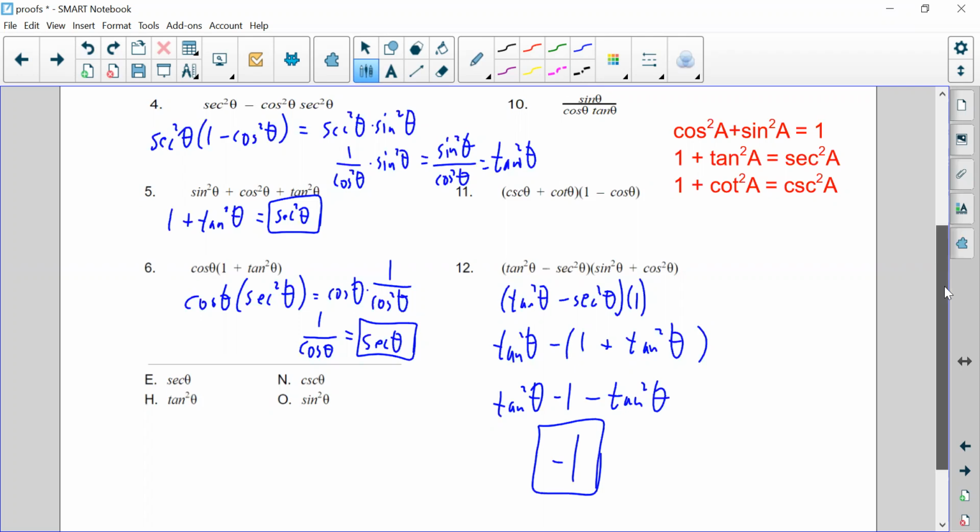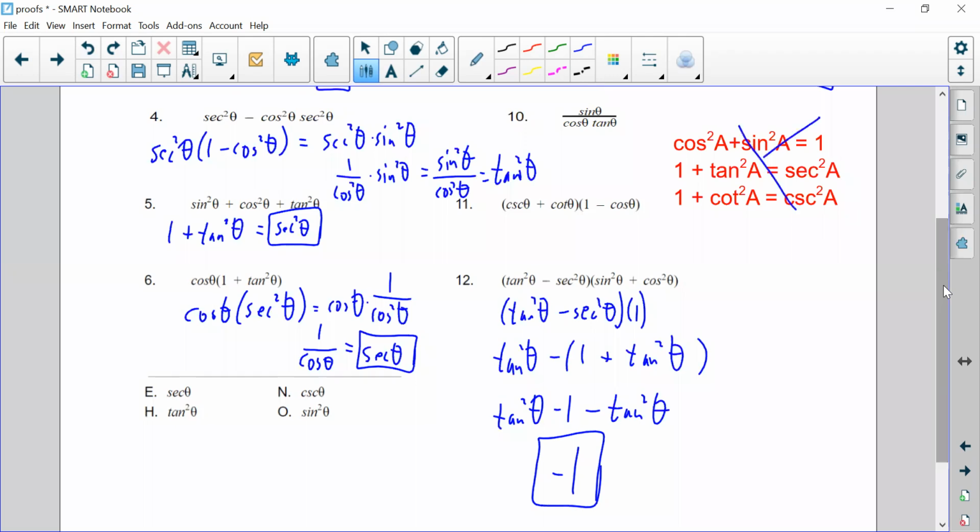Number 11, I don't have any squares, so unfortunately I can't use that right now. Let me just distribute it out. So I got cosecant times 1, cosecant times cosine, cotangent times 1, cotangent times cosecant. Ugh. Nothing canceled out.